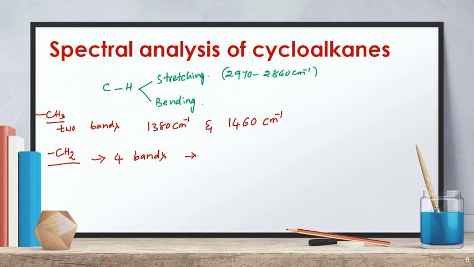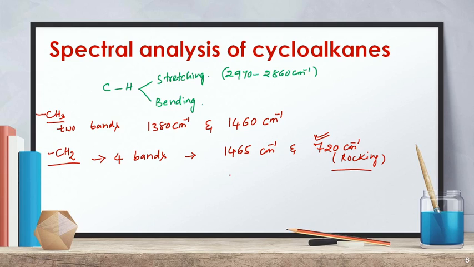The first one is 1465, and one more band is present at 720 centimeter inverse. This is due to rocking. So this is very important: 720 centimeter inverse for the methylene unit is a characteristic absorption band for the methylene group.